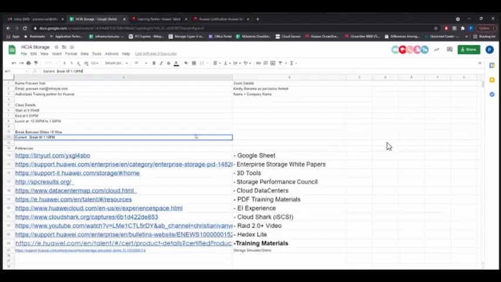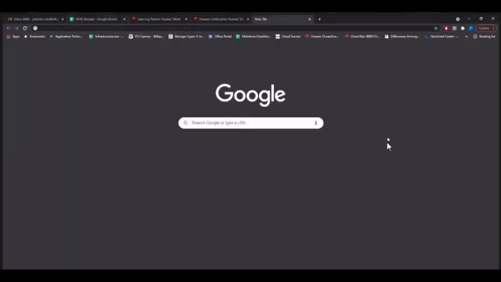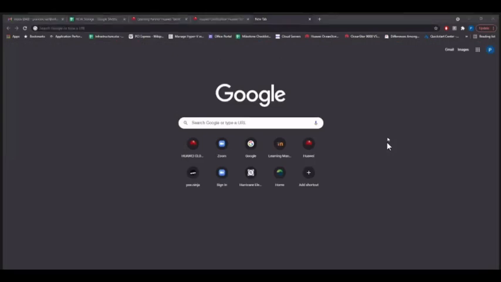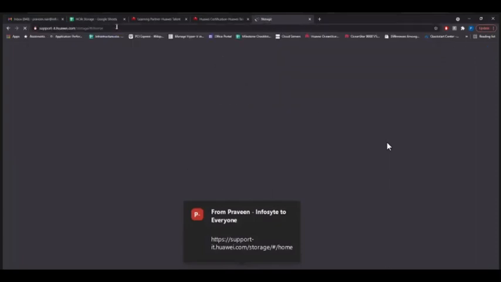If you go to this document, you'll find a link, support.it.huawei.com/storage/hashtag/home. Just copy and paste it into your browser. I'll put it in the chat for everyone. You can open up Huawei's 3D storage product. It will take some time, but don't worry.